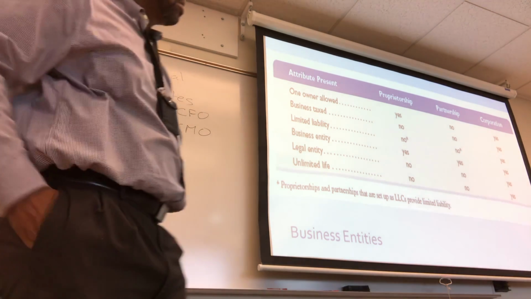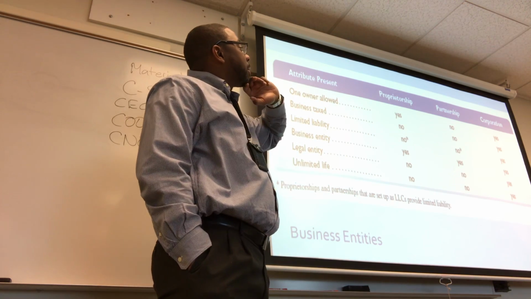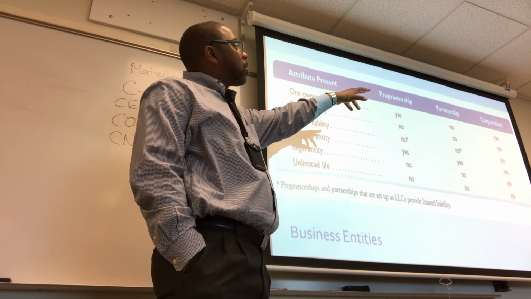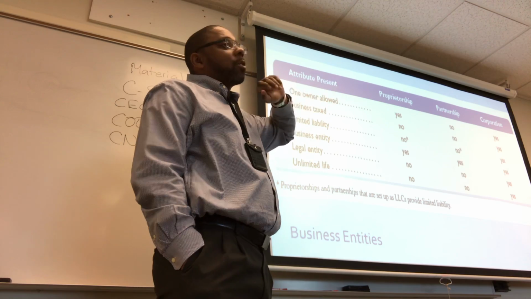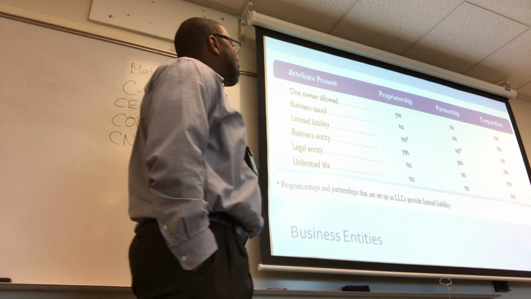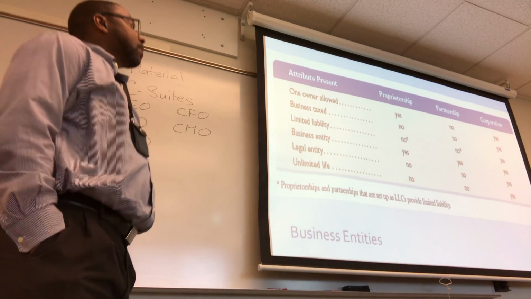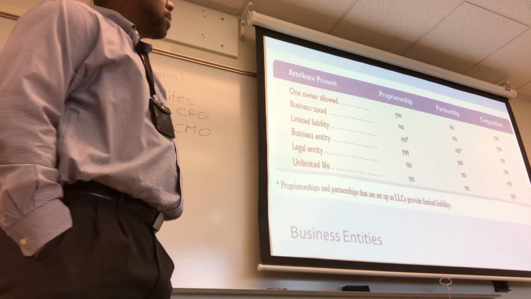And this is just a breakdown of each of them, right? How many can have one owner? Proprietorships and corporations can, partnerships cannot. Only corporations are taxed as a business. Only corporations have limited liability.